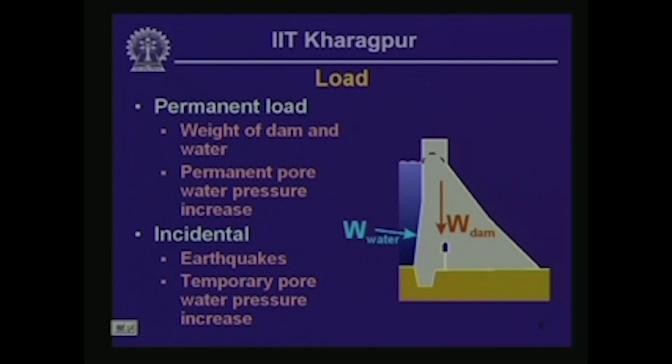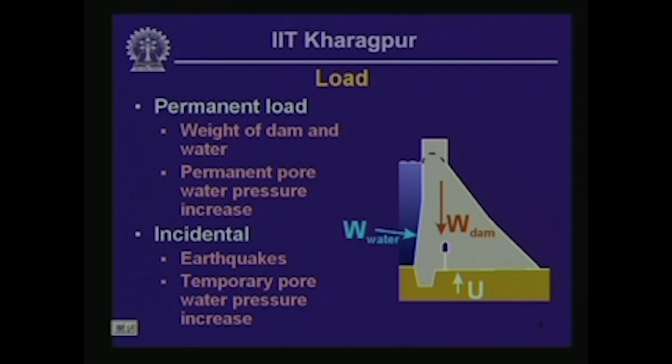In this one I have used the symbol W subscript water, and then we are going to have an uplift force because of the presence of water on the left of the dam, and I have used U for the uplift force. So, these are actually the three major permanent loads that the dam has to transfer to the foundation.